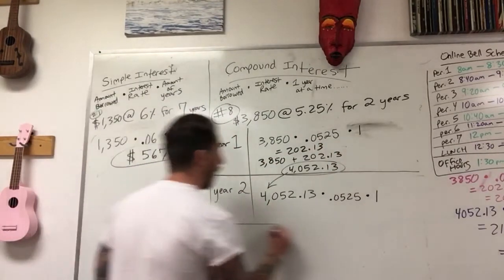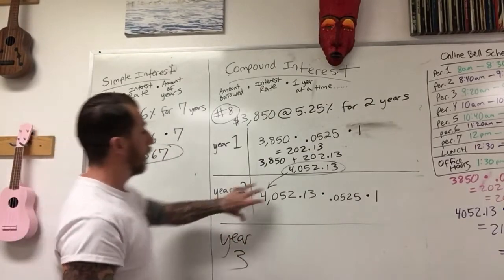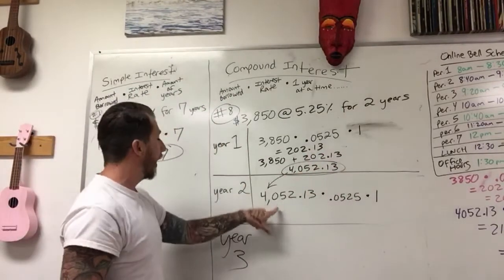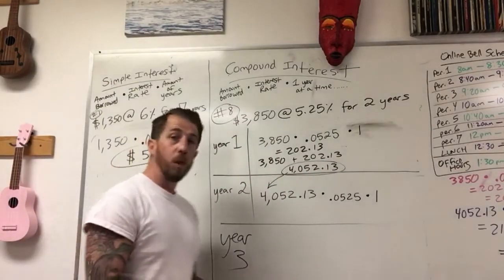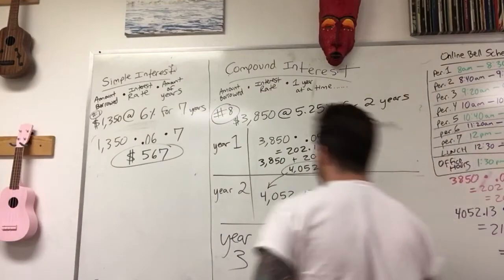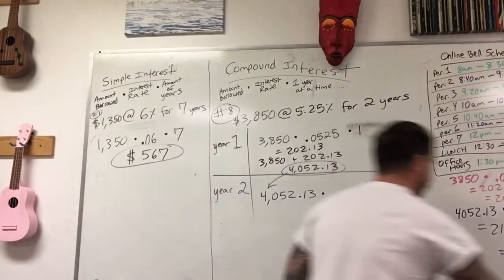If we had a year 3, we would do all this math, get a new number, and we would do the whole thing again. We don't have a 3rd year, so we don't have to worry about that. We're almost done.